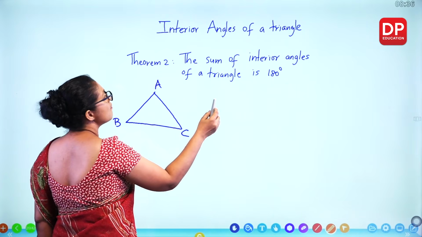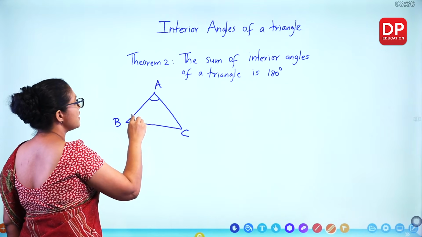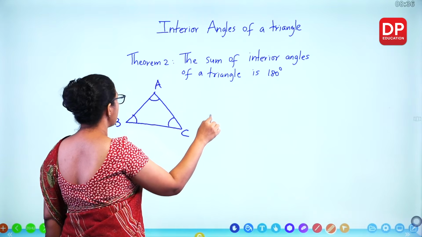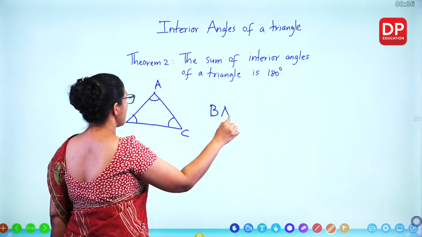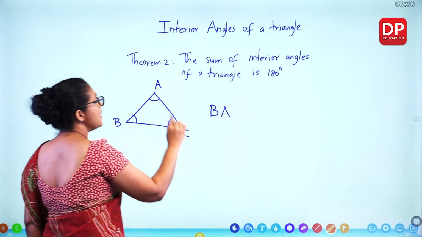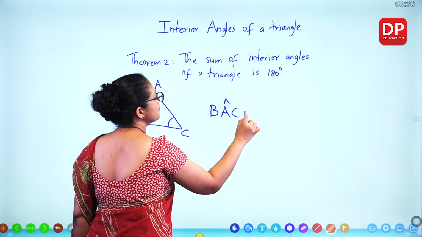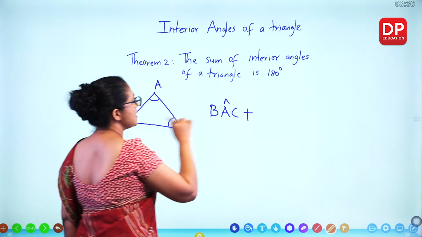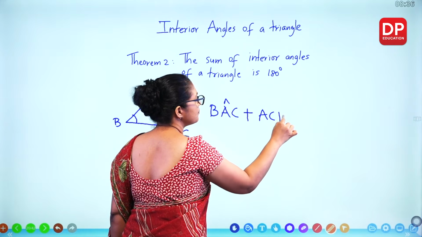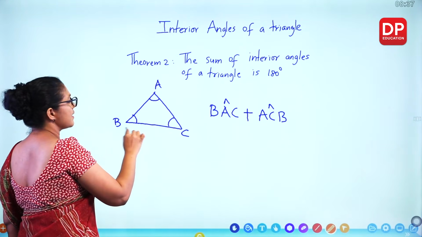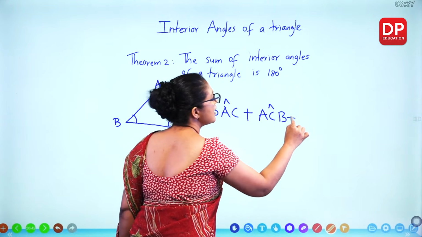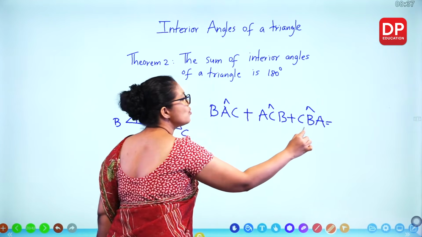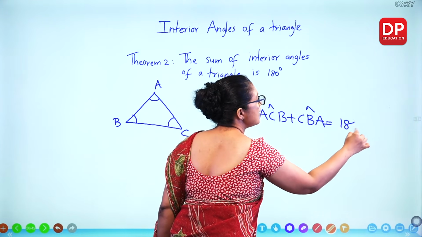According to theorem number 2, the interior angles add up to 180. I can write BAC plus ACB plus CBA, that's equal to 180.